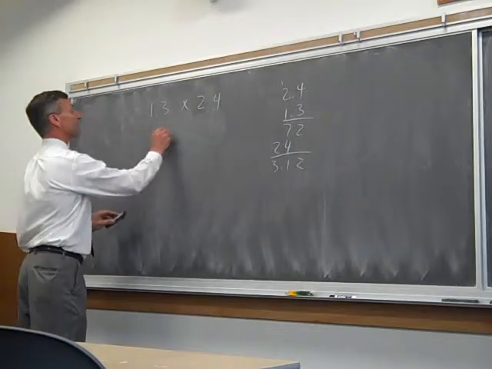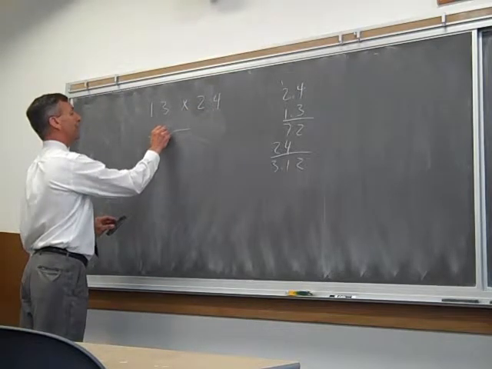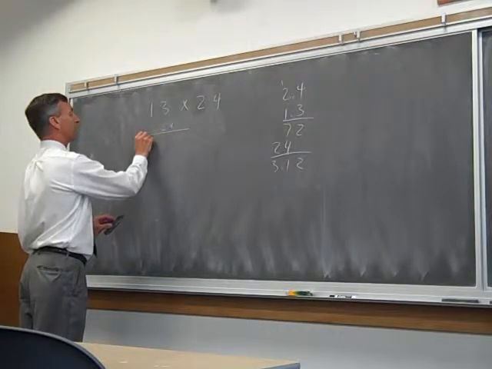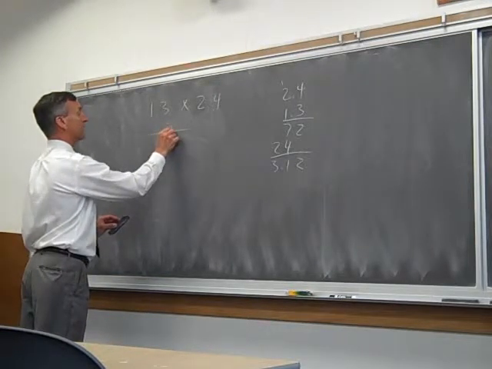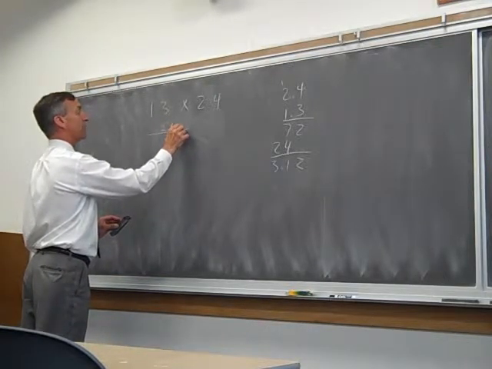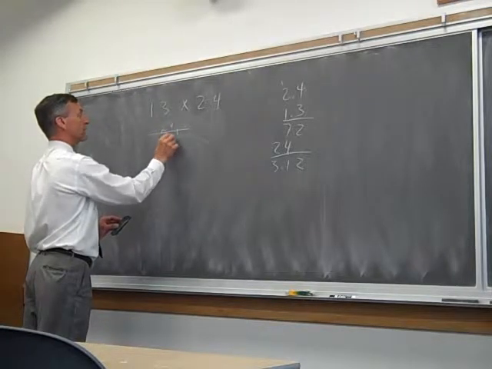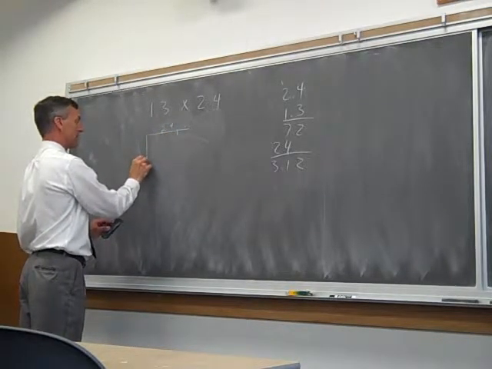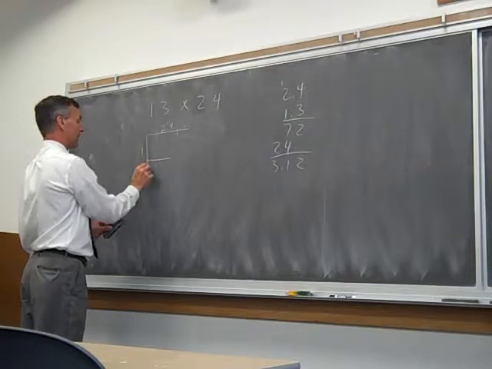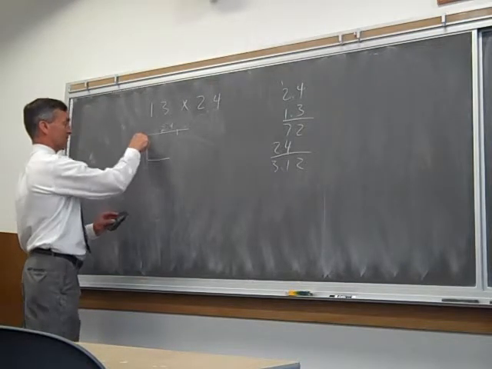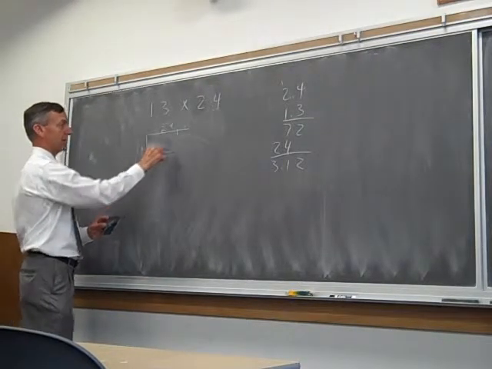We can say this is 2.4, and so out here is the 2, and there's the 0.4. So here's the 2, and here's the 1, and here's the 0.3. So 1 plus 0.3 is 1.3.